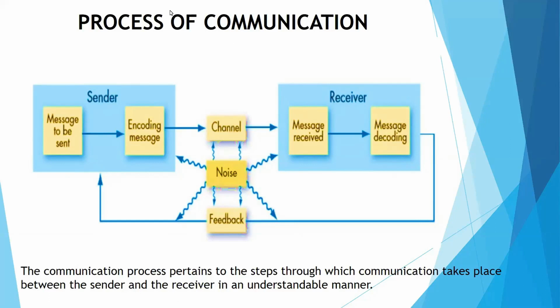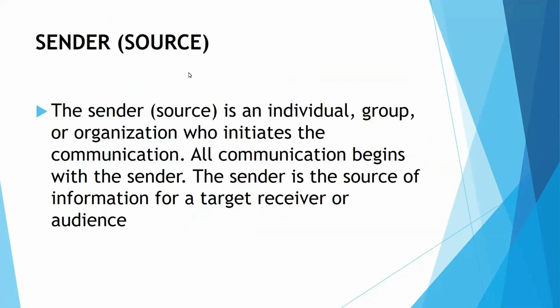So, in order for us to understand the process of communication, let us first have the sender, okay? According to this, the sender or source is an individual, group, or organization who initiates the communication. All communication begins with the sender. The sender is the source of information for a target receiver or audience.